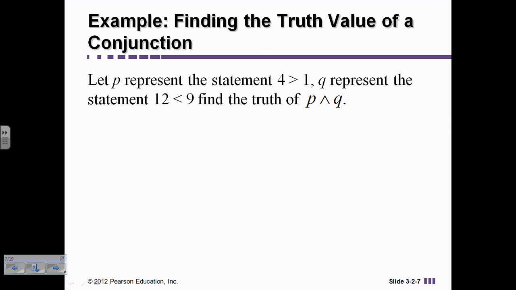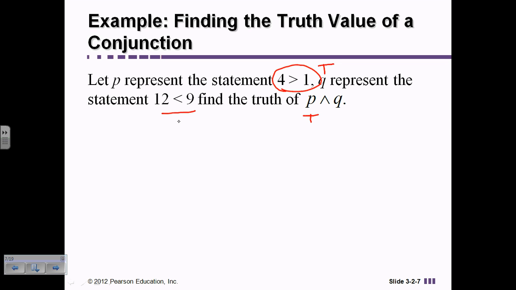So for example, if P represents the statement 4 is greater than 1, okay, so 4 is greater than 1 is a true statement. So P is true. Q represents the statement 12 is less than 9.